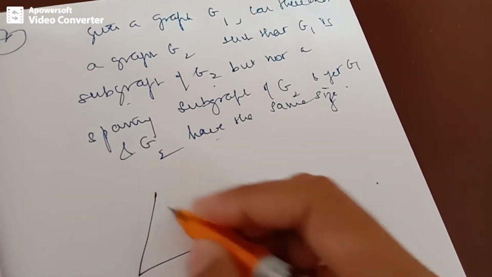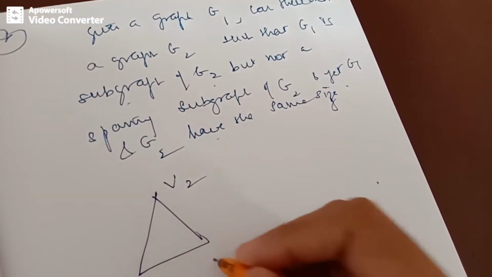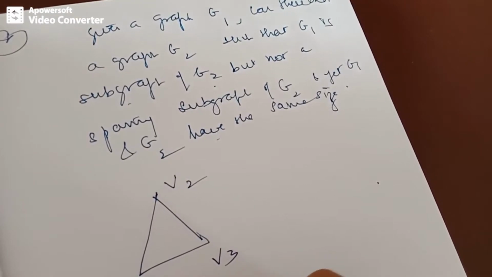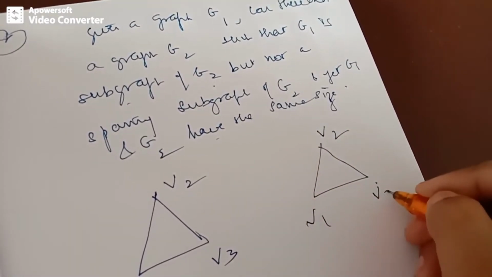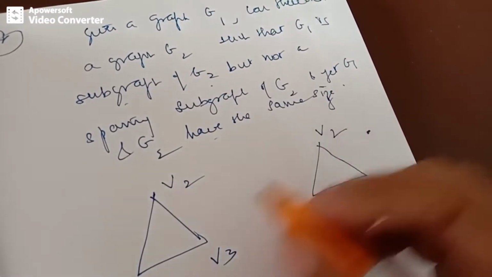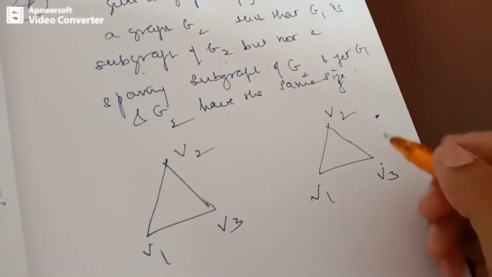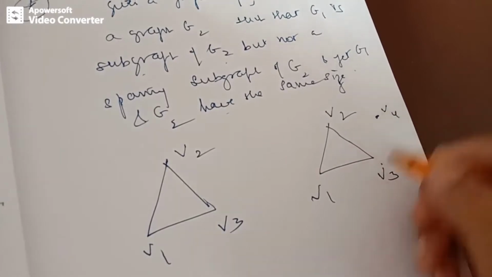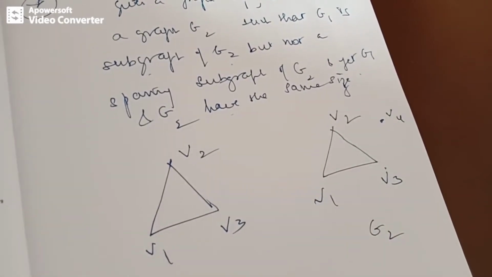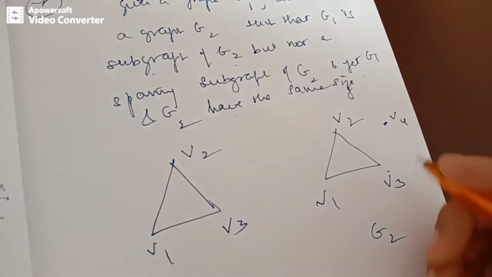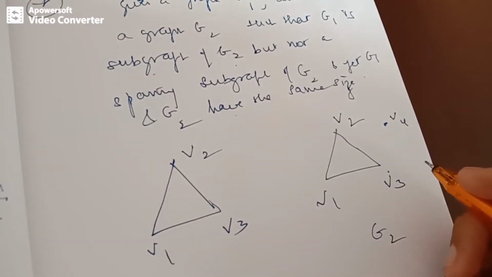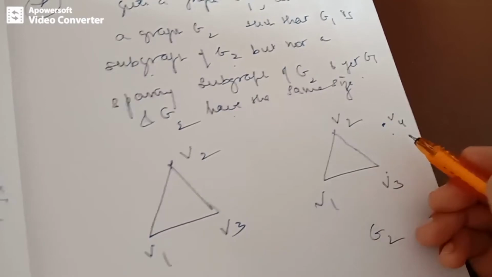So let's take this example. V2, V1, V3. This is graph G1, and let me say V2, V1, V3, and I am maintaining the same size or the same number of edges. In this graph G2, it contains all the vertices and edges as that of G1, and at least one isolated vertex here, right?